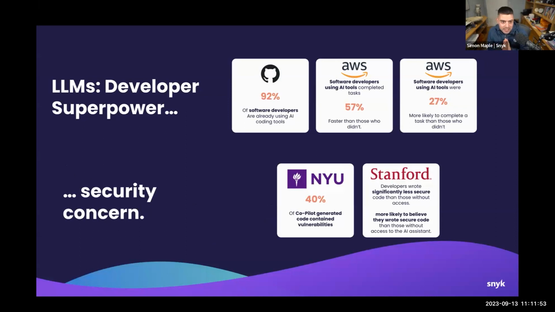And Stanford released a report, some research that said developers that didn't have access effectively wrote more secure code. But the key thing is they were more likely to believe that they wrote secure code. So it's almost like a false sense of security. But the poll that we just shared does suggest that people are getting a little bit wiser to what it's producing.